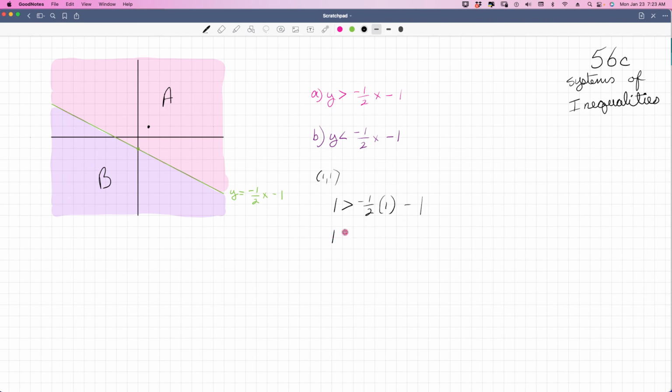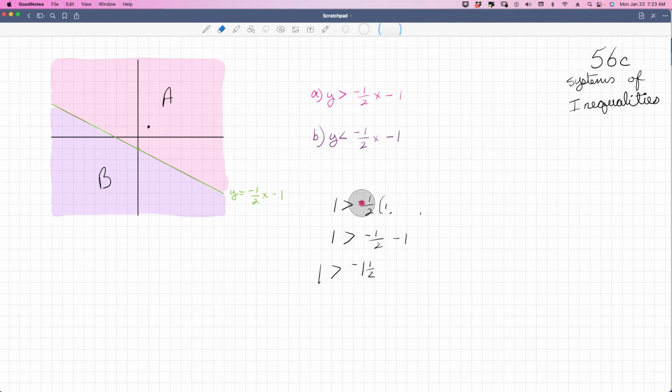That would be negative 1/2 minus 1, so 1 is greater than negative 1.5. And it is. 1 is greater than negative 1.5.